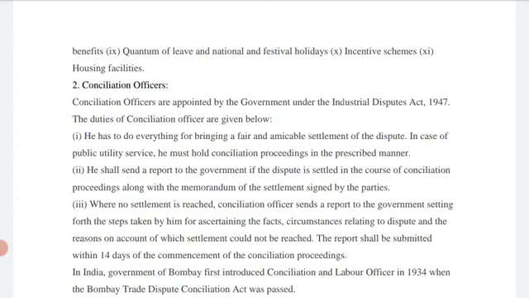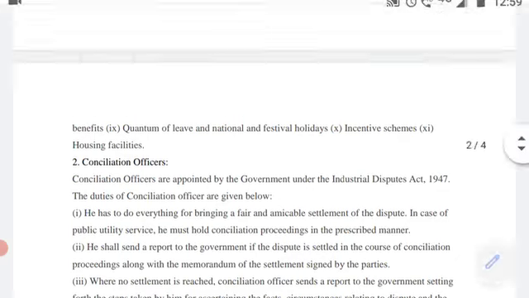And if such type of dispute or conflict is resolved, अशा प्रकारचं conflict resolve झालं तर काय करायचंय? conflict resolve झाल्यानंतर दोघांची ही सही घ्यायची आहे त्या रिपोर्ट वरती, and that report is to be sent to whom? To the government.